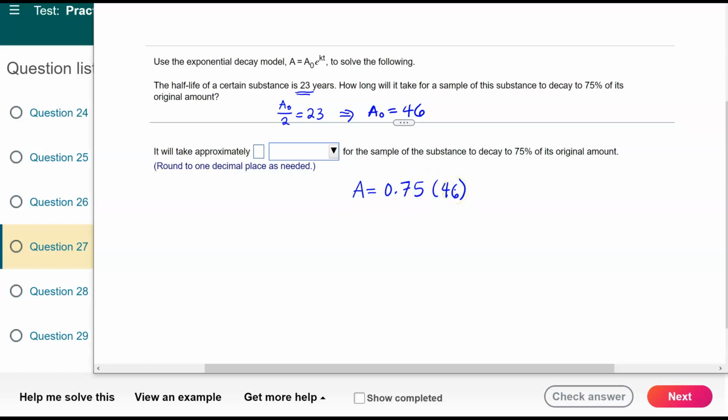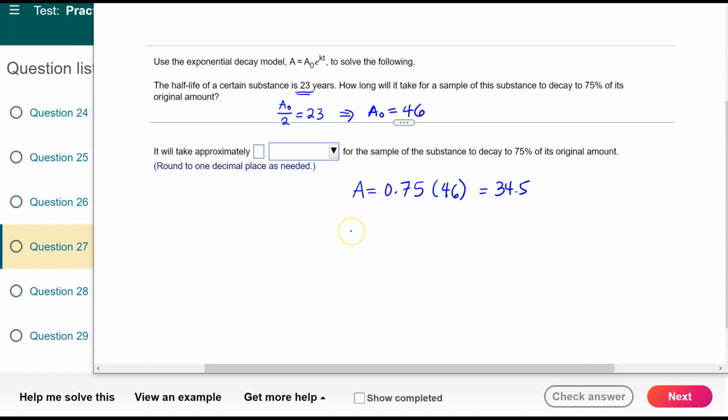Plug that into your calculator. 75% times 46 is equal to 34.5. Let me double check. Times 46. Yeah, 34.5. That would be 75% of the original amount.